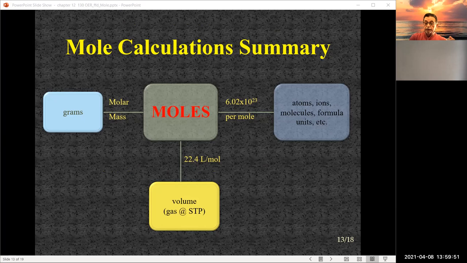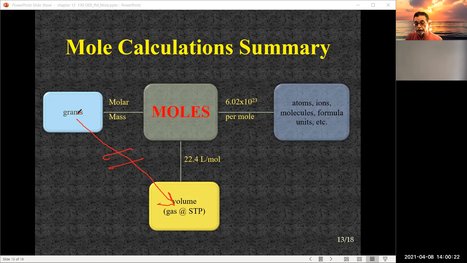This summarizes everything for you with respect to mole calculations. And there's another one we're going to be doing that does even more summation, but right now, here's the first one. The ultimate goal is to get from grams to, let me change the color here. The ultimate goal, for example, would be to go from grams to liters and volumes. Well, we can't go directly.